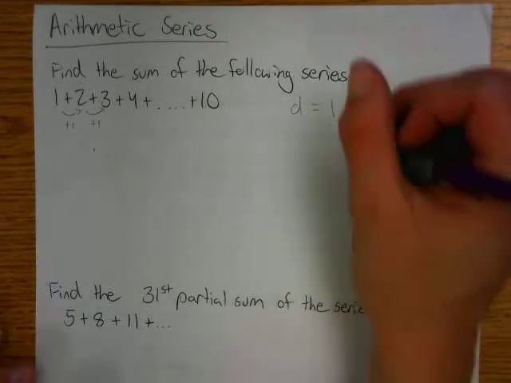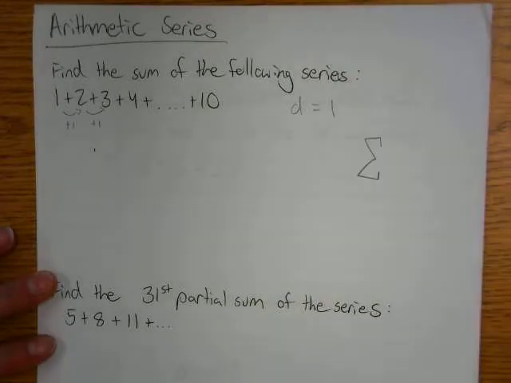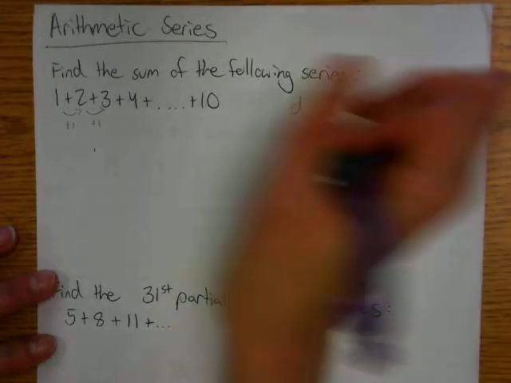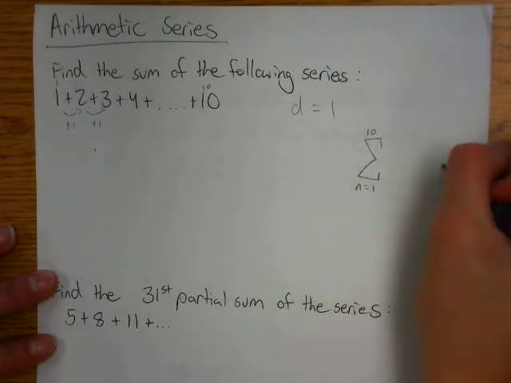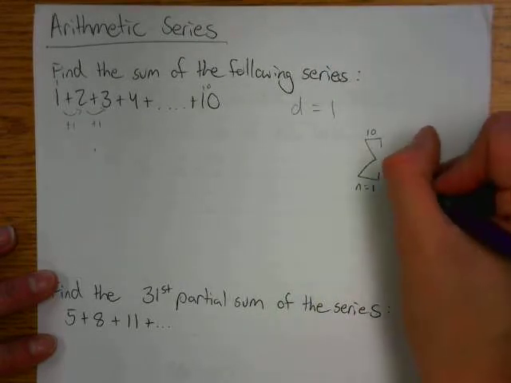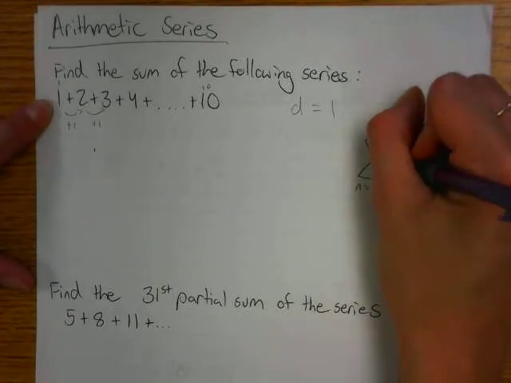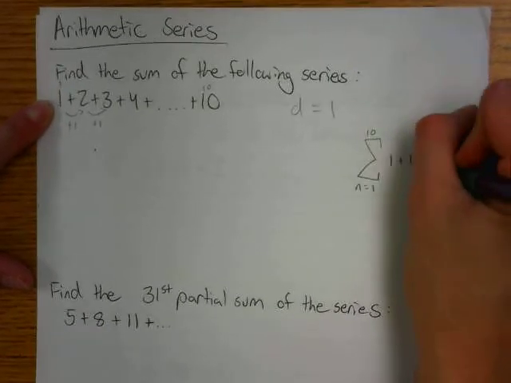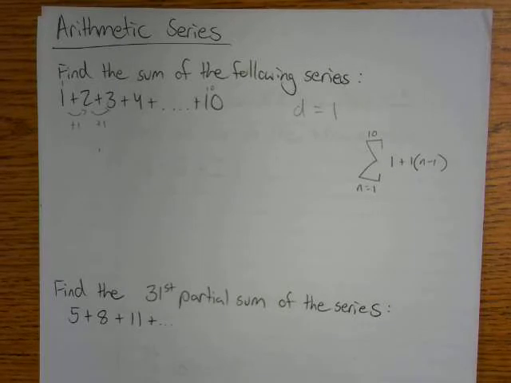Another strategy could be to write a summation, if you have your calculator, going from the first term all the way to the 10th term, and we would just have to write our explicit formula for this sequence, which would be A1, which is 1, plus D, which is 1, times n minus 1, or something like that. So if we type that into our calculator, we should get the same thing as well.